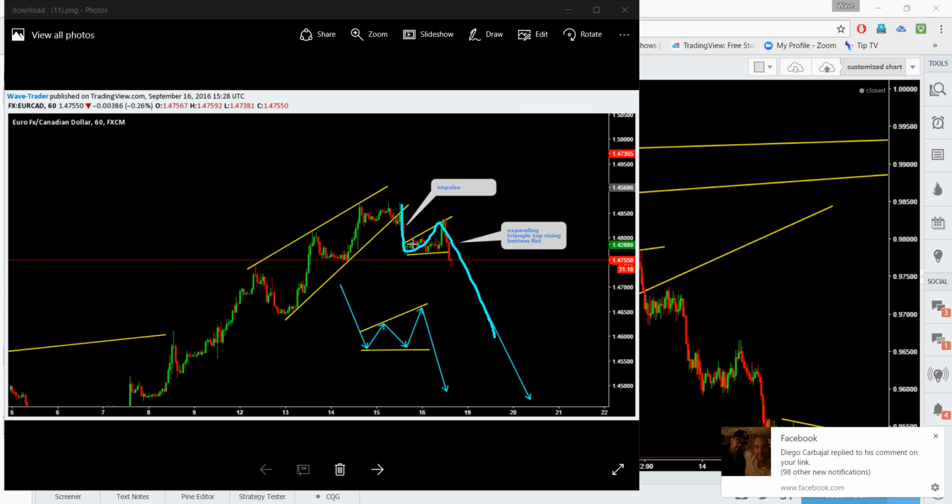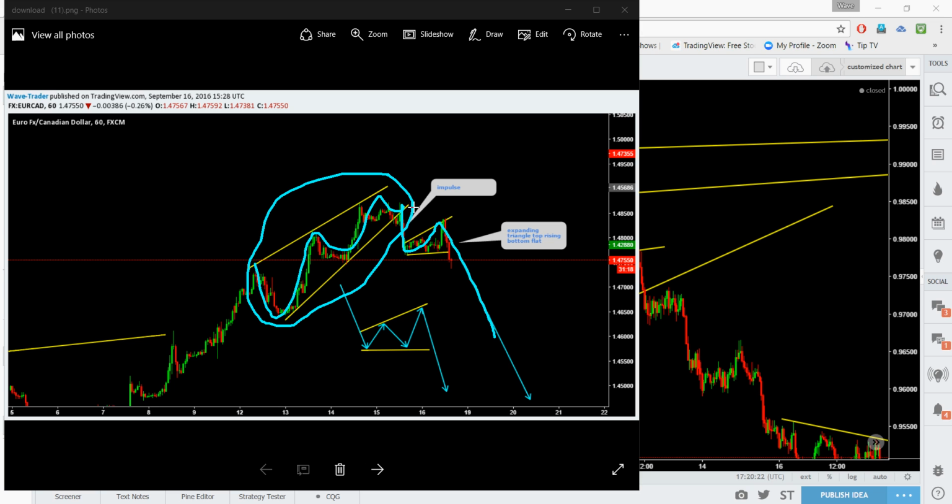You can see that before that, price was forming something like an ending diagonal or ascending rising wedge, which gives us a signal that price is going to reverse into the other direction. After that, price forms an impulse and then forms an expanding triangle, giving us a clue that price is going to continue into the other direction.